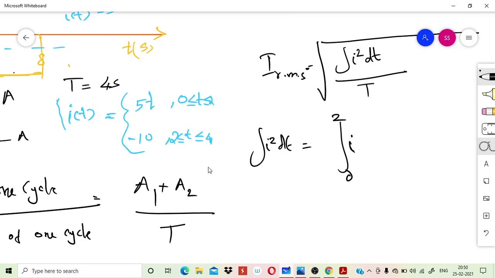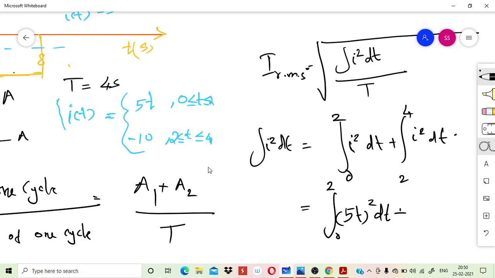So integral 0 to 2 I square dt plus integral 2 to 4 I square dt, which is equal to integral 0 to 2 of (5t) square dt plus integral 2 to 4 of (minus 10) square dt.